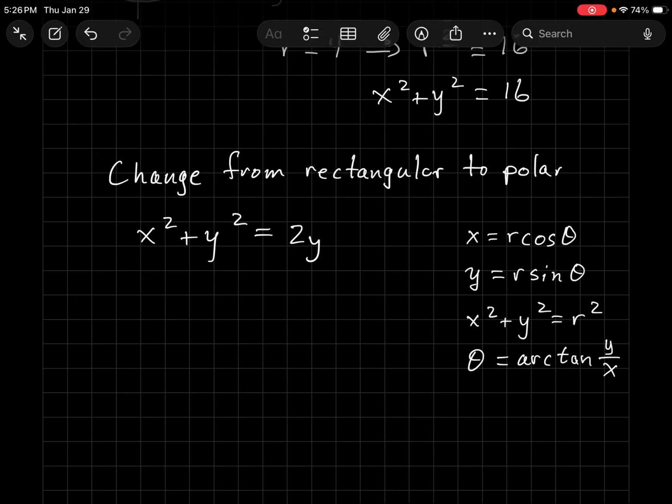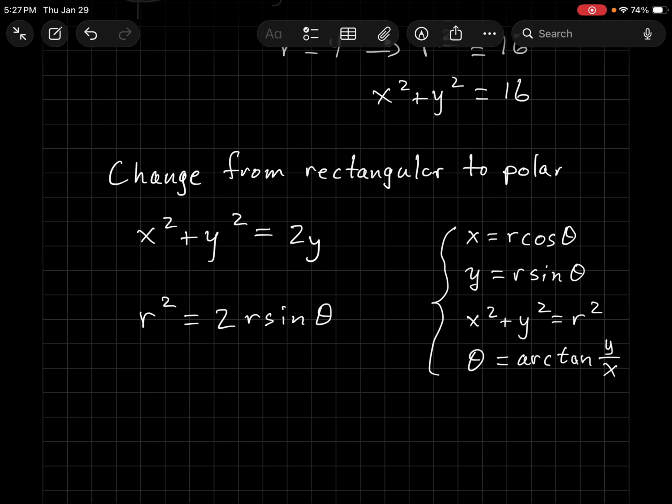So how could I change this one from rectangular to polar? Well, let me just look over here and see if there's anything that helps me. Of course, we already talked about how x squared plus y squared equals r squared. Well, how about the y? Well, y is r sine theta. Now, in rectangular, I wouldn't recommend doing this.